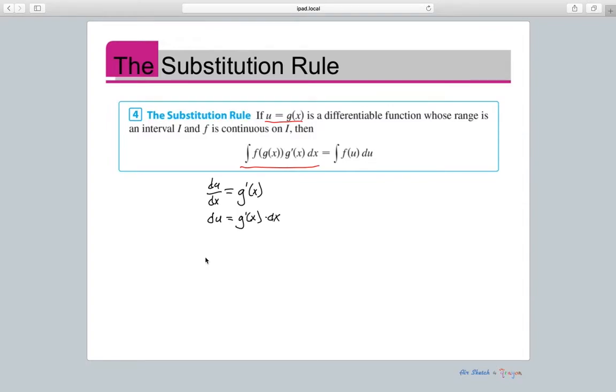So now I can replace the g prime of x dx here with du, and I can replace g of x with u, and that gets me over here to the integral of f of u du.